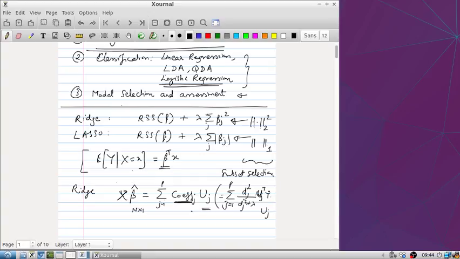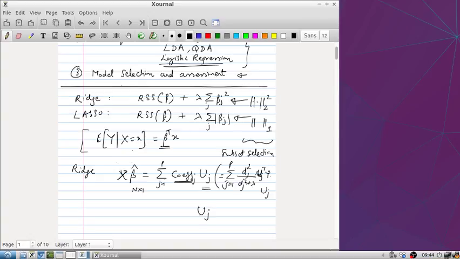And so how do you think of uj? What is meant by left singular vector of your data matrix? uj is actually yet another sum, let me call the coefficients alpha k, of alpha k times xk.